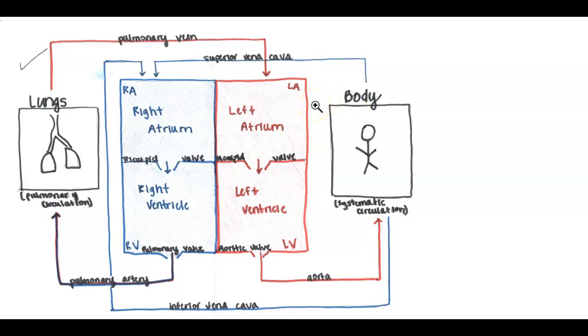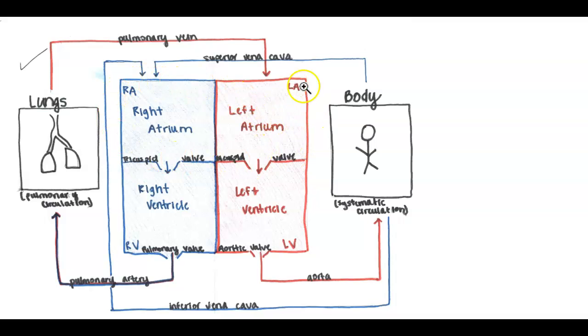As you may imagine, some of this has to happen at the same time. So these 2 pumps are working at the same time. So as deoxygenated blood from the body is filling the right atrium, oxygenated blood from the lungs is at the same time filling the left atrium.